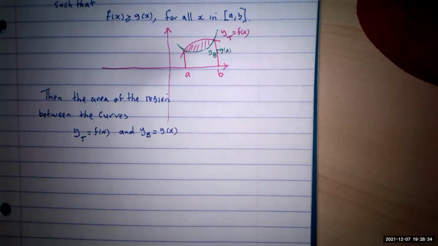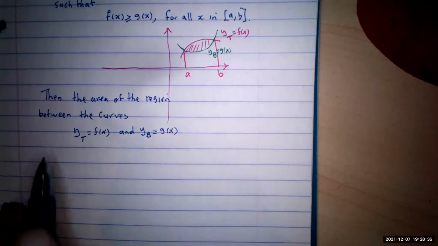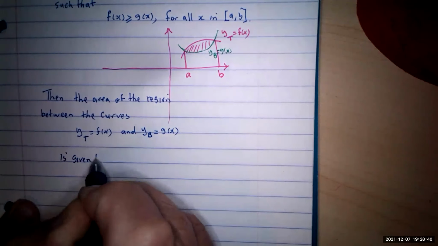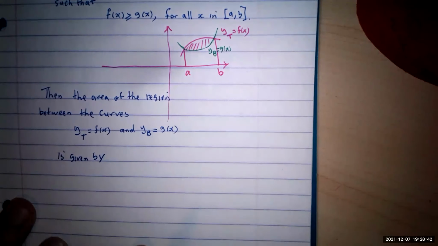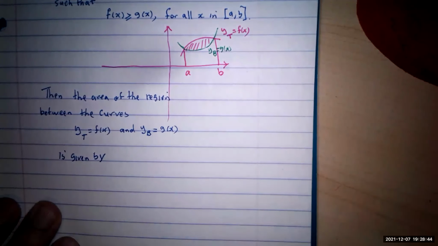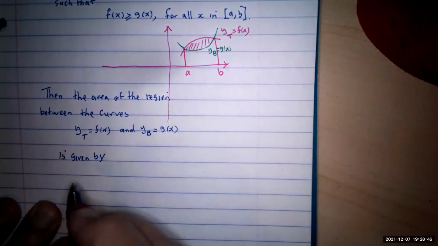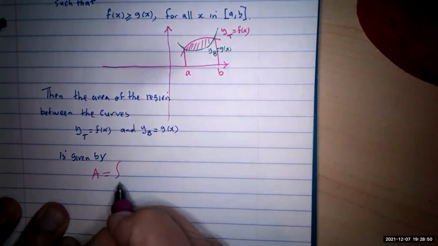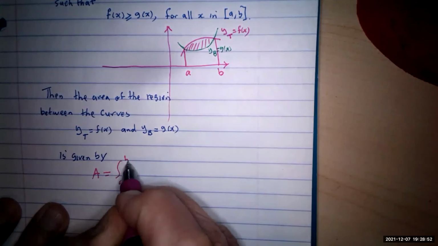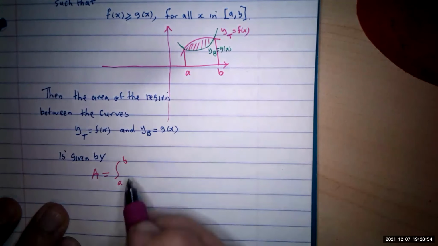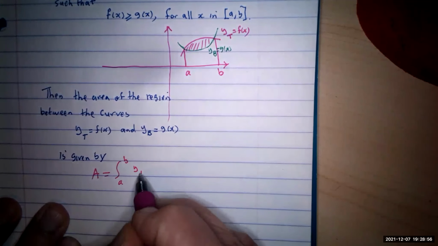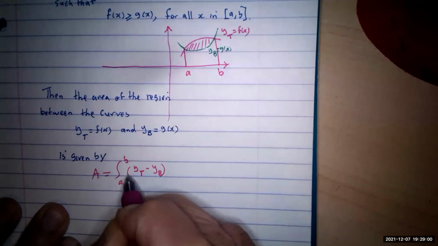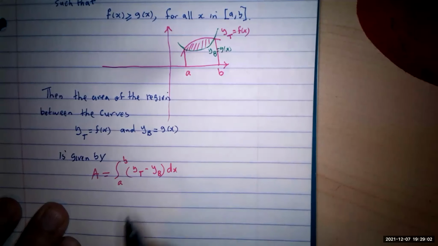So the area of the region between these two curves is naturally given by the difference of those areas. So your A, the area of the region, is going to be the integral from a to b of the function on the top, y of the top, minus the function at the bottom, y of the bottom, dx.